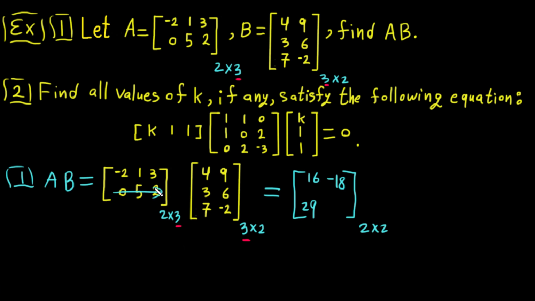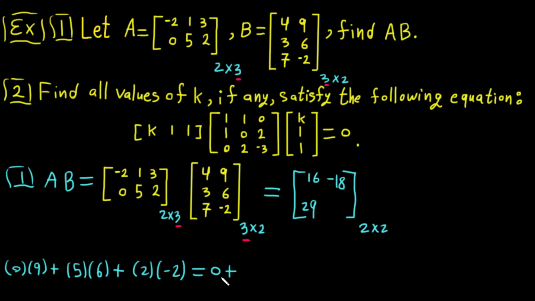Now we will multiply this row by this column to get this one. So 0 multiplied by 9, plus 5 multiplied by 6, plus 2 multiplied by negative 2, equals 0 multiplied by 9, which is 0, plus 5 multiplied by 6, which is 30, 2 multiplied by negative 2, which is negative 4. 30 minus 4 is 26.